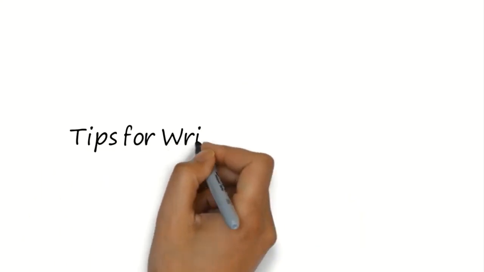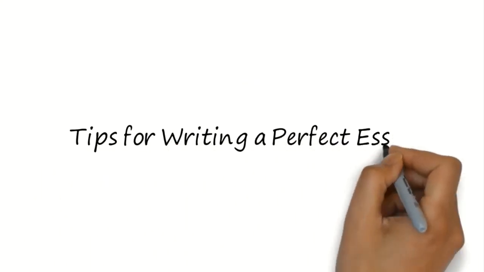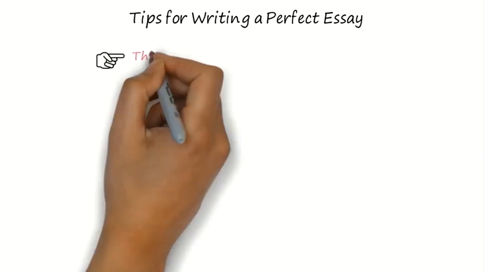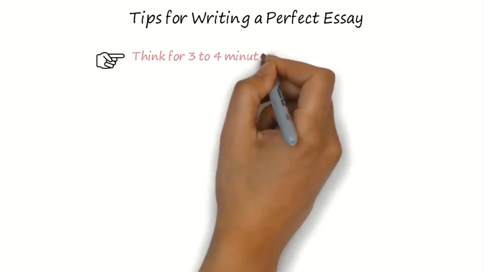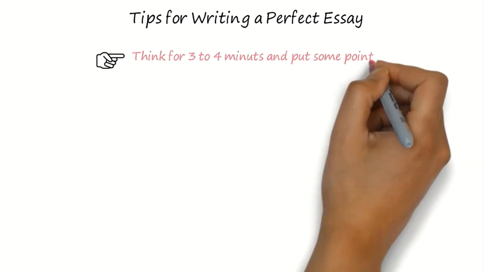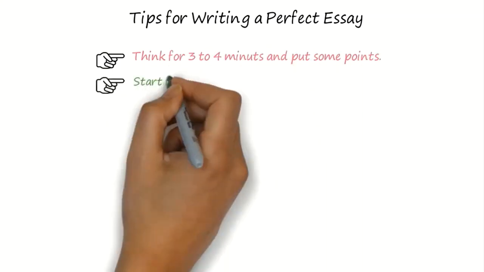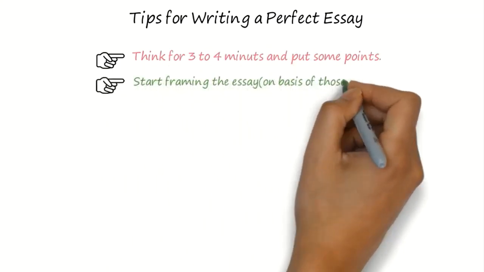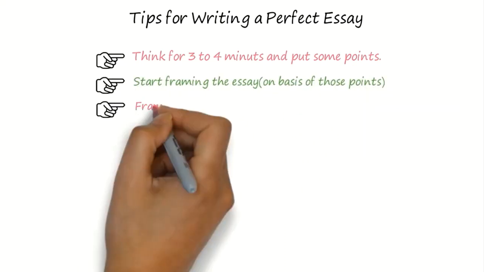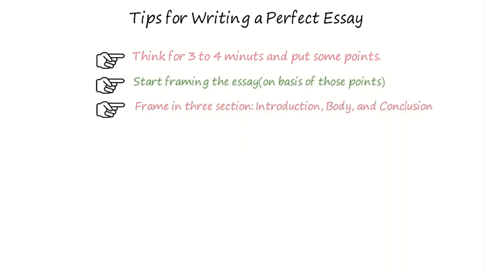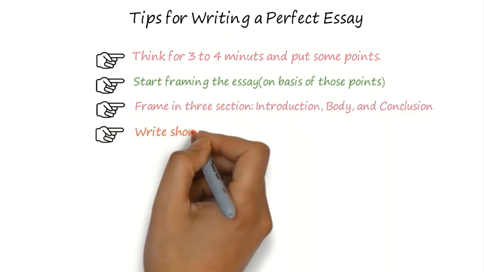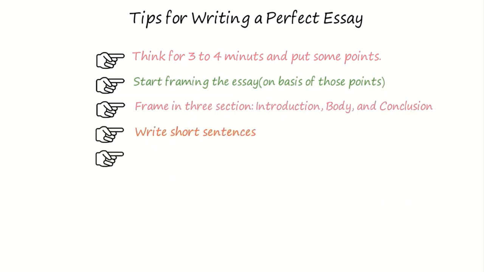So, in order to write a perfect essay, once you get the topic, don't just start writing. First, think for at least a couple of minutes and identify some points. Then, start framing the essay on the basis of those points into the three mentioned sections. Always use short sentences in order to avoid grammatical mistakes.